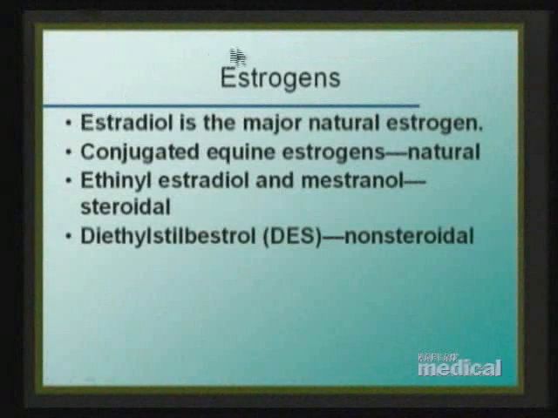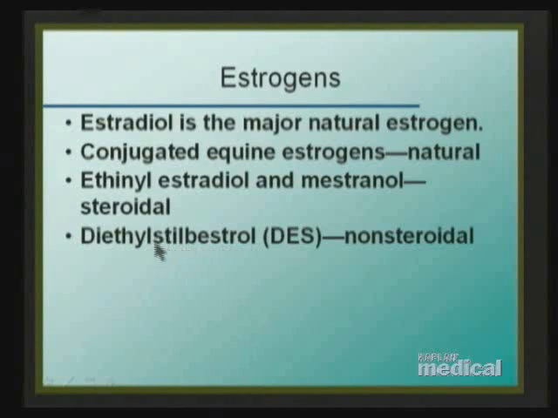If we look now at other steroids and we look at estrogens, estradiol is the major natural estrogen. As far as the type that we use in therapy, we use conjugated estrogens. Generally, they're isolated from pregnant mare's urine. And the most common semi-synthetic forms are ethinyl estradiol and mestranol.